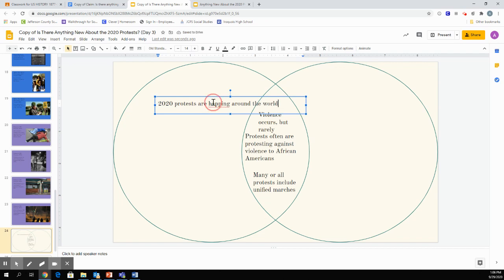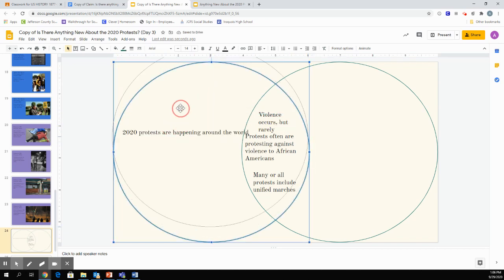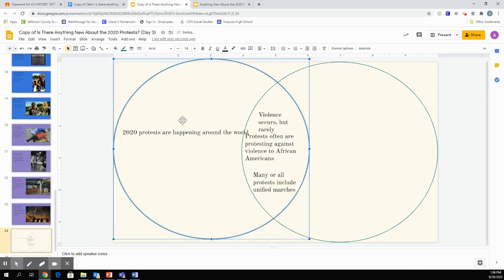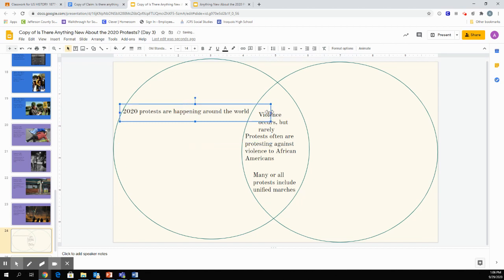happening around the world. You will see Breonna Taylor's name in cities around the world because of people protesting for the same causes.